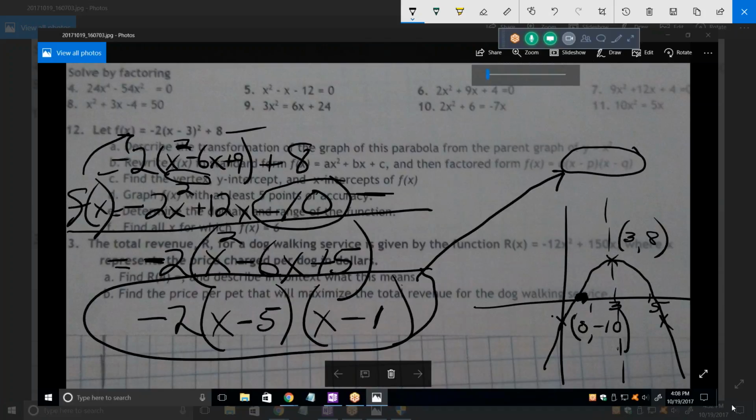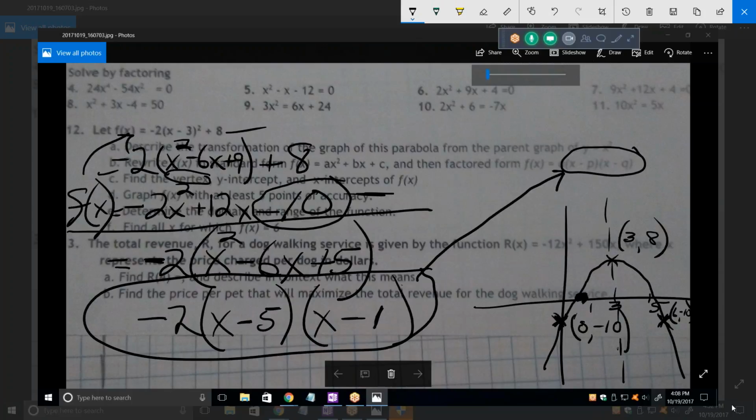So if this point is exactly on the other side of that line of symmetry as this point, what are the coordinates of this fifth point over here? 6, minus 10.